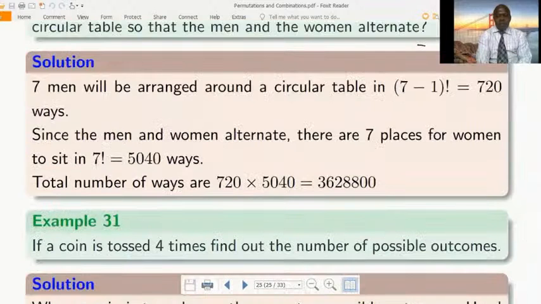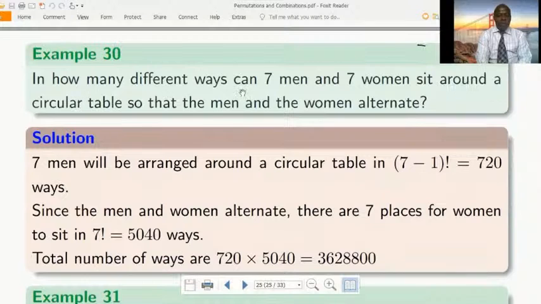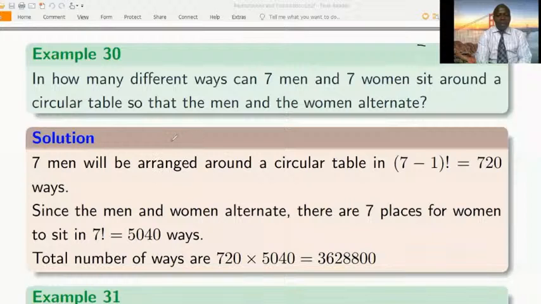Now let's look at the next question here. It says, in how many different ways can 7 men and 7 women sit around a circular table? So it's very different from the earlier one, but you remember the words around a circular table or in a circle, that we are talking of n-1 factorial. So let's just sit the men first, or we can even sit the ladies first, and then the other ones just fill the remaining spaces.